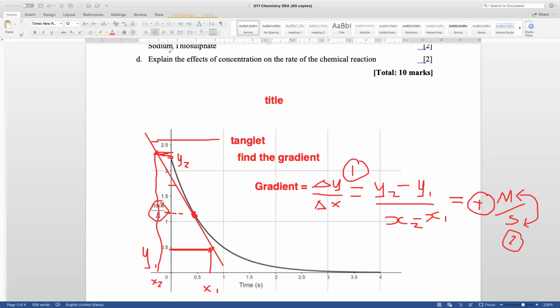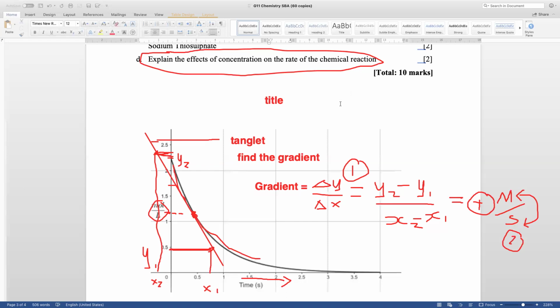So now how do you explain the effect of concentration on a chemical reaction? You know what's happening. The reason why we have obtained a negative gradient is because the reduction in concentration was also reducing the rate of the chemical reaction. That's why it was taking a lot of time.